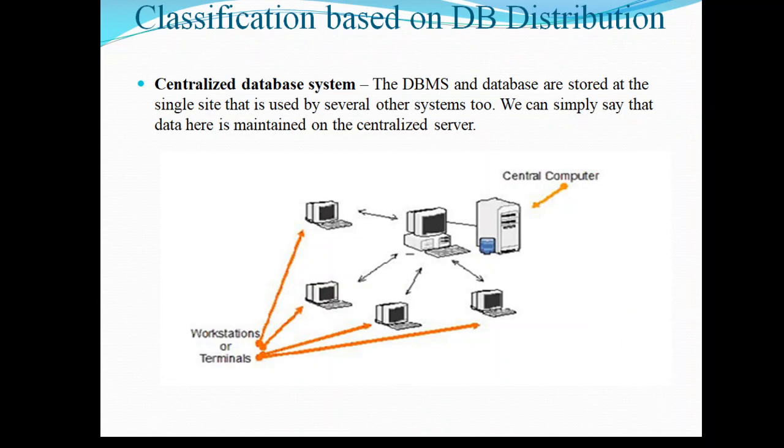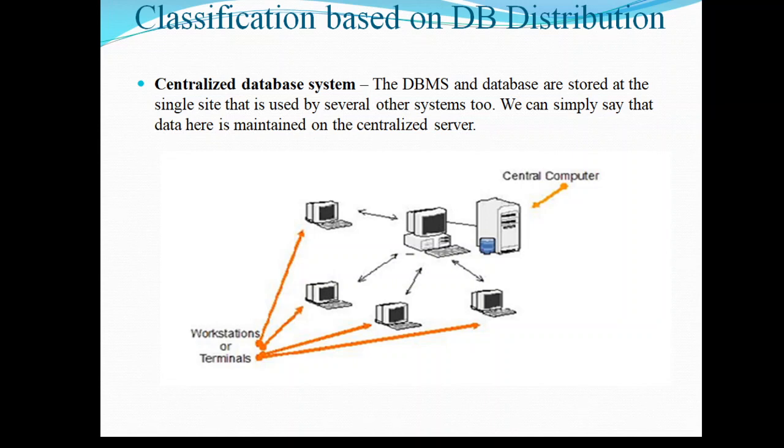In centralized database systems, both the database and DBMS are stored at a single site, and that single site is used by several other systems in order to get the data. We can simply say that the data here is maintained on a centralized server.